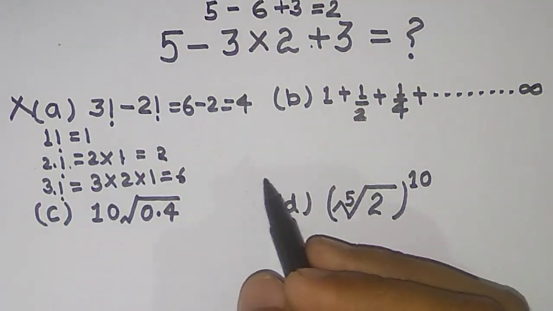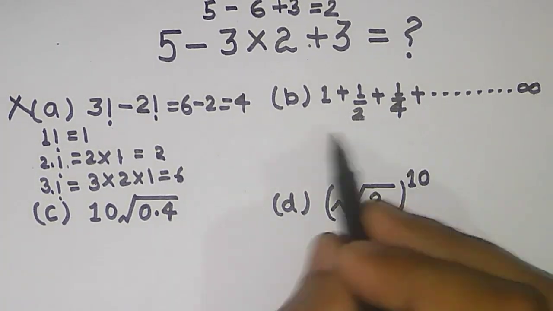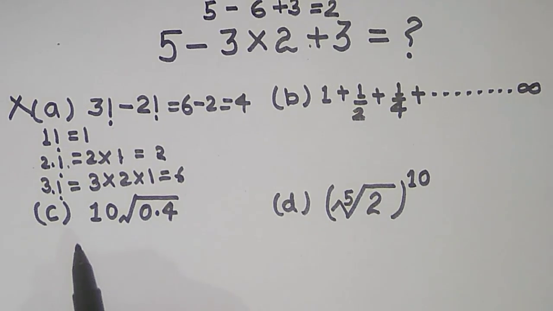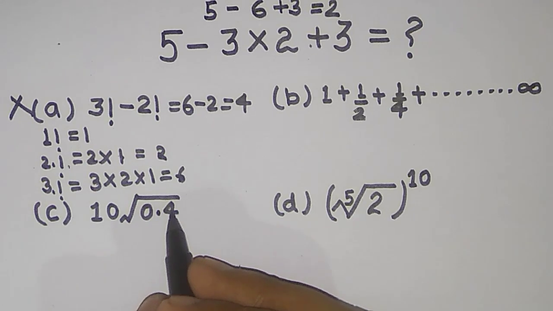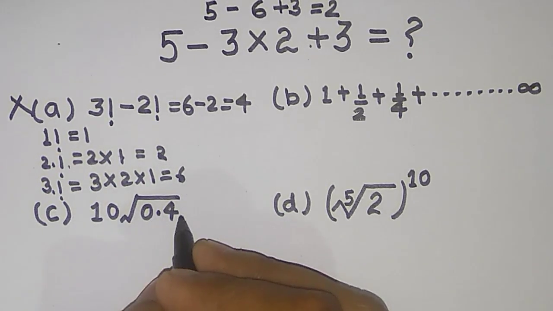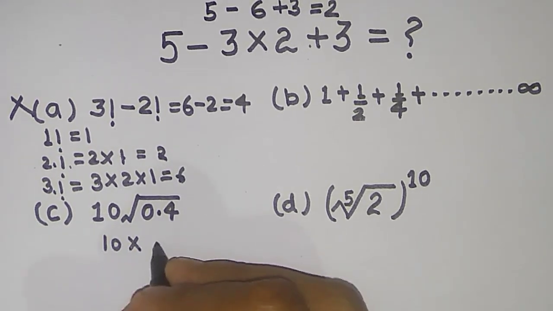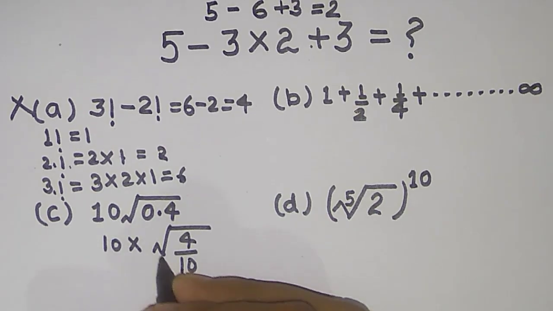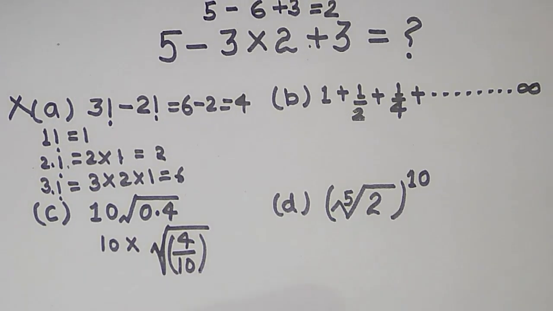Now we will check the next option. Because this is quite lengthy, I will solve the third option first. So the square root of 0.04. What will it be? We can write it as the square root of 4 by 100, that is, the square root of 4 divided by the square root of 100.